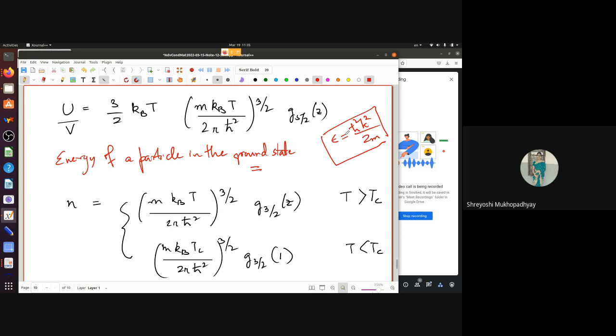No, it was 2 pi by L. The K vector looked like 2 pi nx by L, 2 pi ny by L, 2 pi nz by L, and K is the length of this. So what is the smallest possible length? Here nx, ny, and nz are integers.